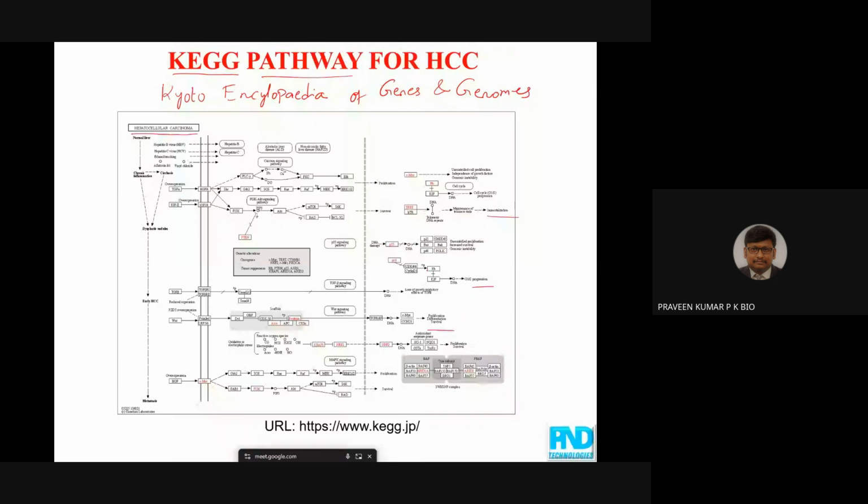In hepatocellular carcinoma, even the pathway mechanisms are mentioned: P53 signaling pathway, transforming growth factor beta signaling pathway, WNT signaling pathway. For each pathway, you can see which proteins are connected and what kind of biological mechanism is happening. That's the information you can see in this pathway database.